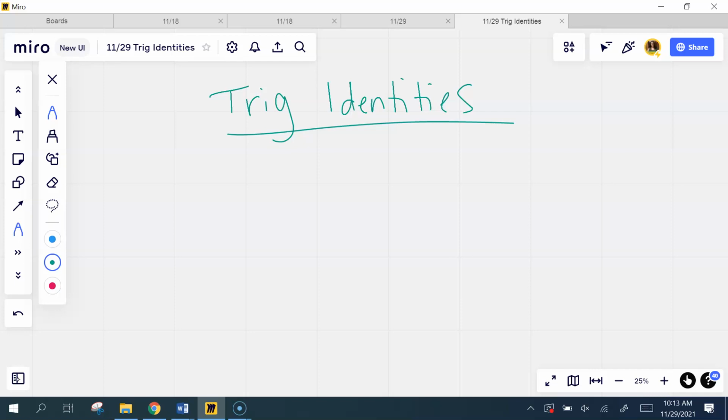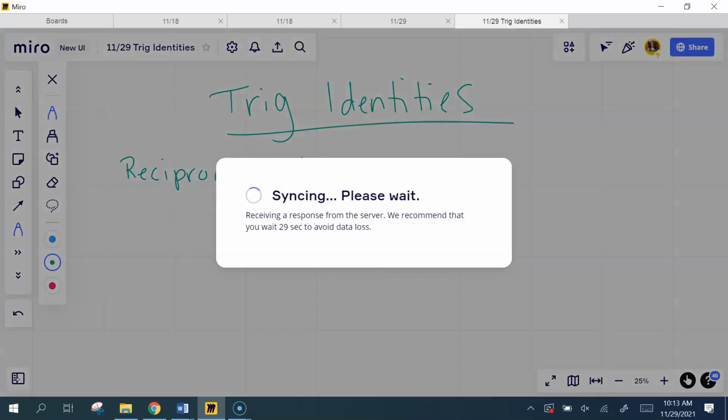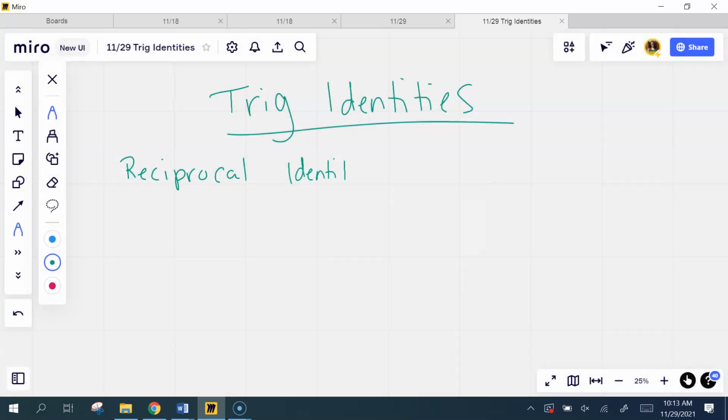All right, let's talk about some ones you already know. Let's talk about the reciprocal identities. Again, these are all coming back to sine, cosine, and tangent. You don't have to know the names of them. Reciprocal trig functions that you already know.